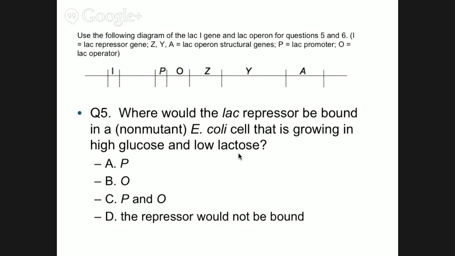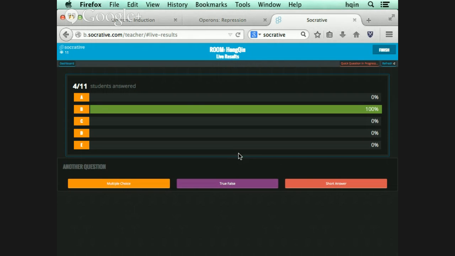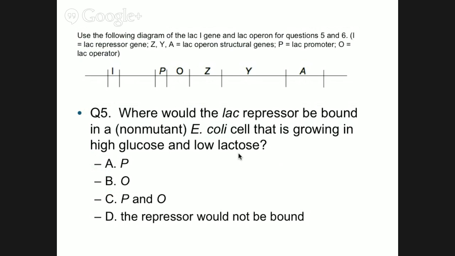For the second one, I like red. Okay, I have 1 person, 5%. Oh, you all picked B. Okay, B is correct. So the lac repressor will bind the operator position and block the RNA polymerase. Once the repressor is up here, it basically blocks this.